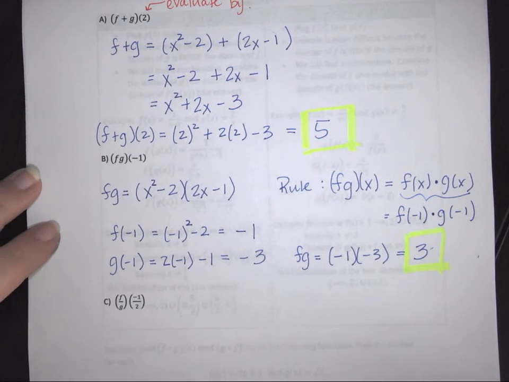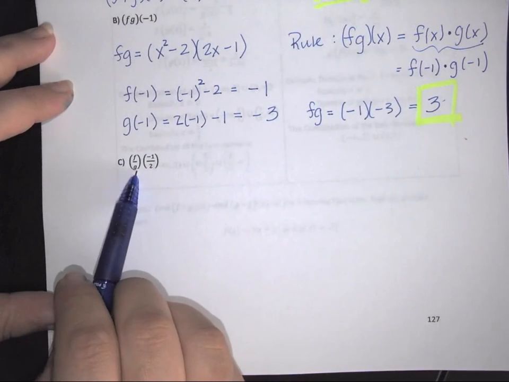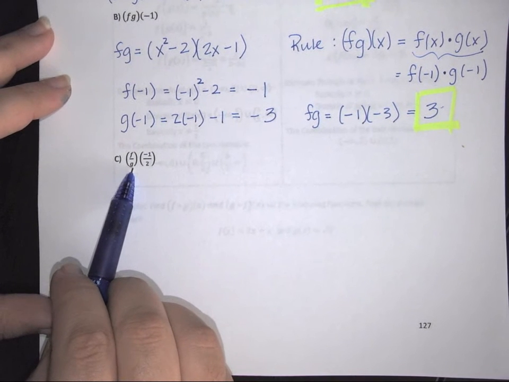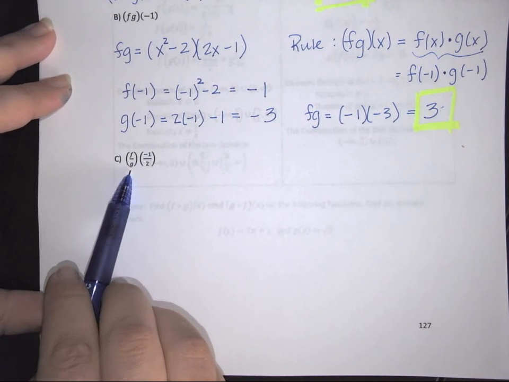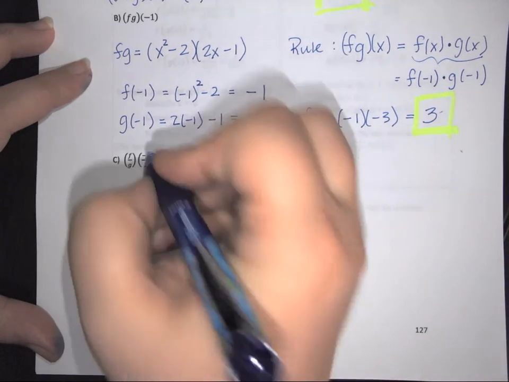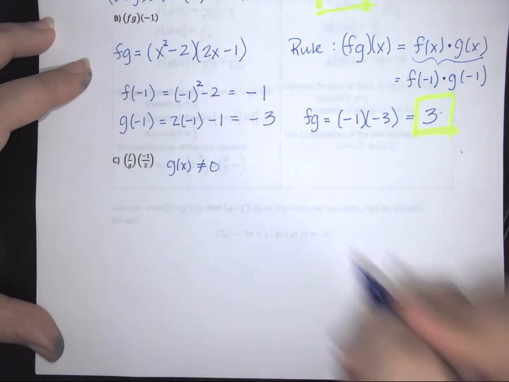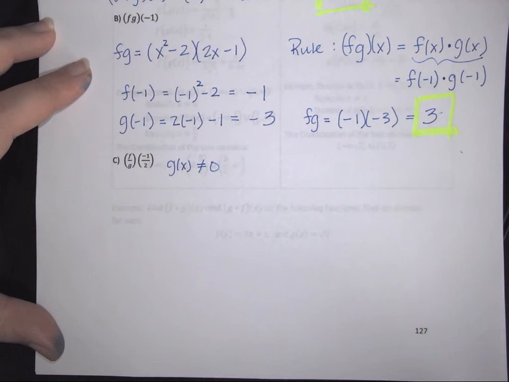The part where you could run into a problem is this one here, which says we're doing f divided by g. So what do we know here? Well, we know that g of x cannot be 0 because g is in the bottom.